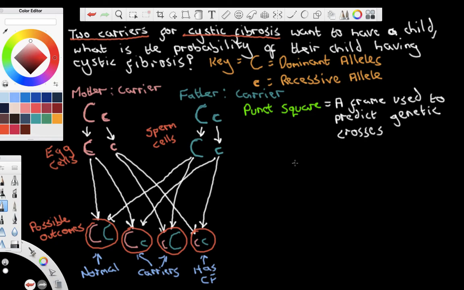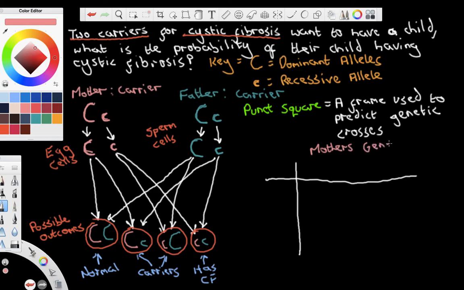We can simply just draw lines like so, one there, one there, and rather than having this messy one over here, at the top we can write the mother's genes. Up the side we can put the father's genes. And we would just put the father is a carrier, so he has a capital C and a lowercase c, and the mother is a carrier, so she has a capital C and a lowercase c.